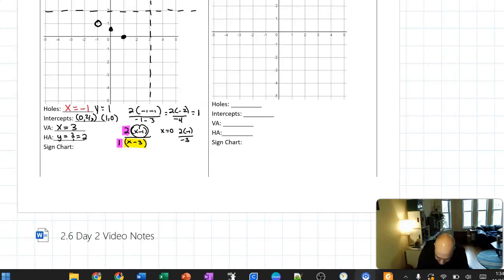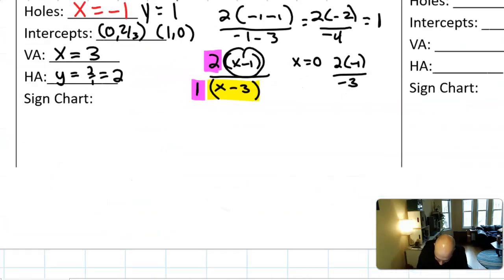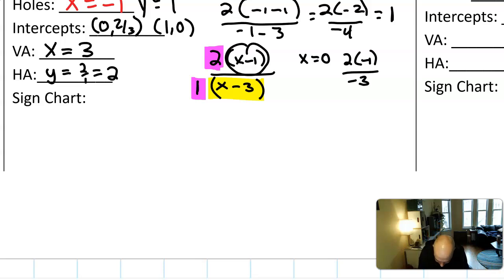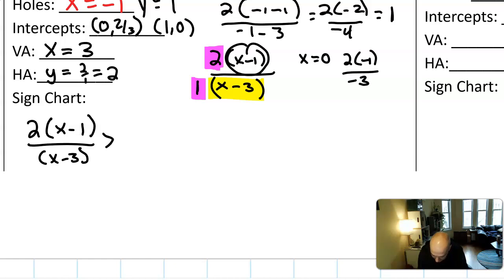The last piece of information that we can figure out is where the graph is above 0 or below 0. This is what we did in section 2.7. So what we can try to do is solve the inequality (2x minus 1) over (x minus 3) is greater than 0.